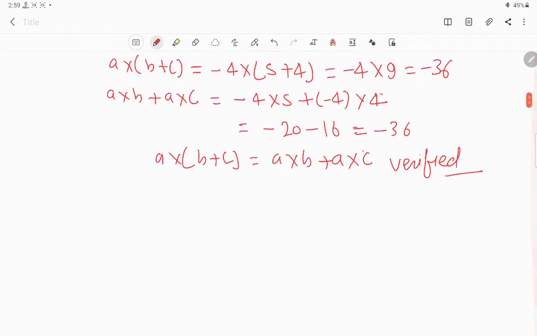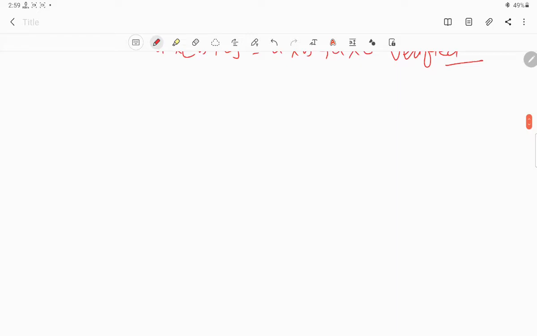Now see, boys, here is given: complete the following multiplication table. See here, the table. First you make the table.